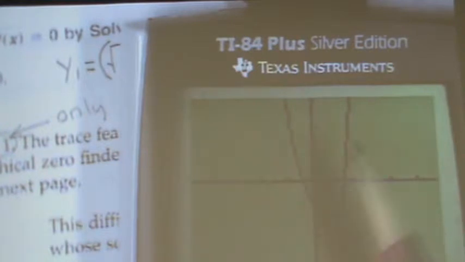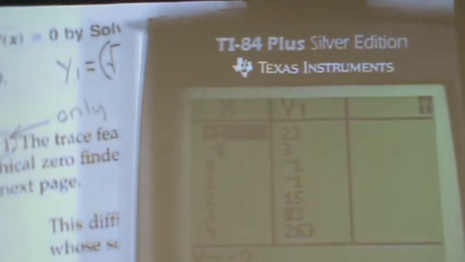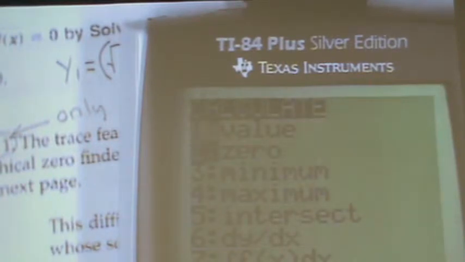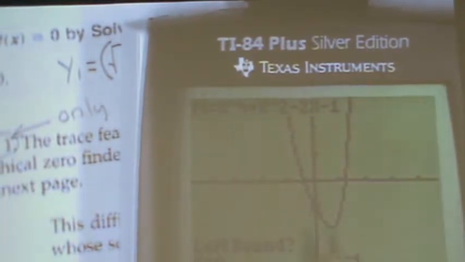You're going to hit second calc, 0. Give me a left and a right bound. What's this number, guys? -1. -1, enter. I'm going to do 0, enter, enter, and there it is.